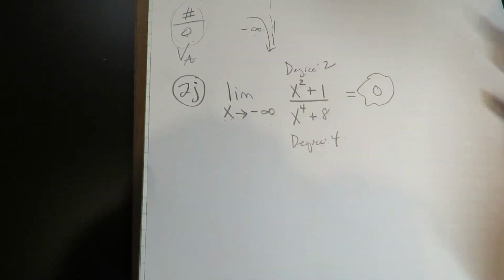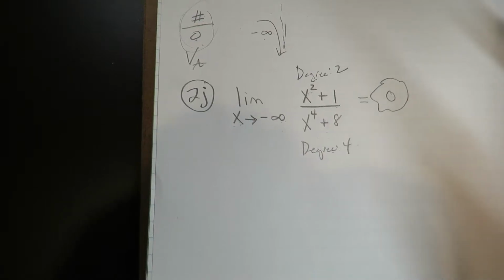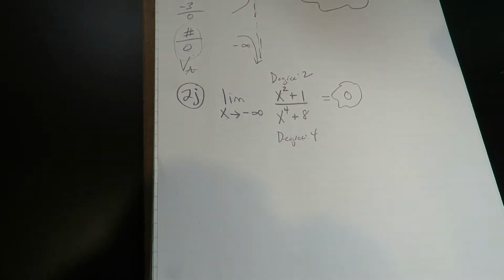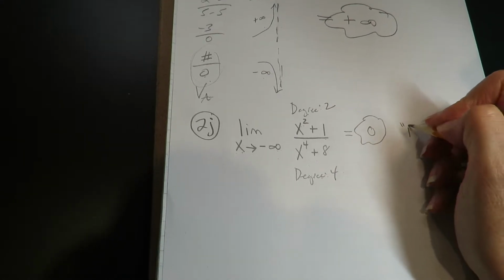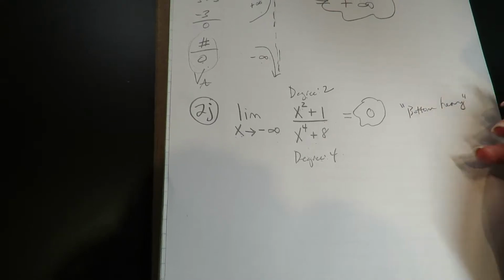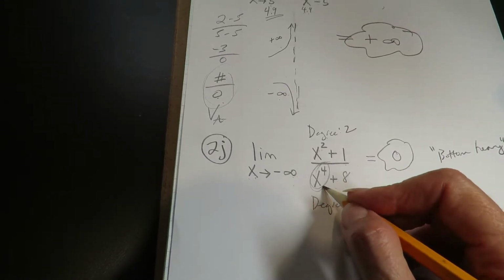I tried to make up some funny words in the lecture. I called it top heavy, bottom heavy, equal in degree, things that try to help you remember the rules. So if you notice in the lecture, I said this would be like bottom heavy, meaning that there's a higher degree in the denominator.